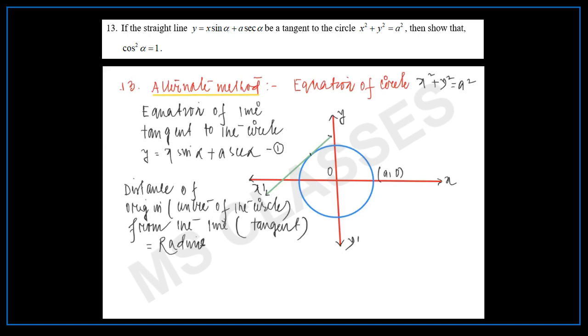Now, what is the radius here? The radius is a units, because a square plus a square equals a square.